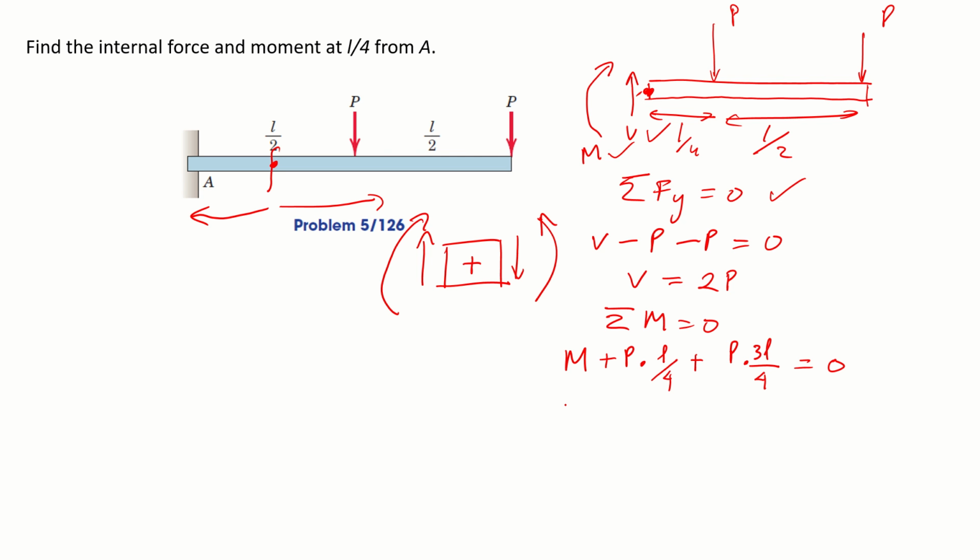Then we can find that M is equal to minus P multiplied by L. So this is our internal moment at this particular location, and this is our internal shear force at this particular location.